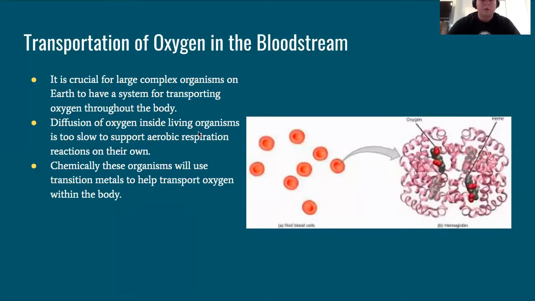Chemically, these organisms will use transition metals such as iron to help transport oxygen within the body. On the right, you can see a close-up image of a red blood cell. And the image on the right is ferritin inside of a blood cell, which is where oxygen and iron sit dormant in the cell until the oxygen can be moved around the body to organs.